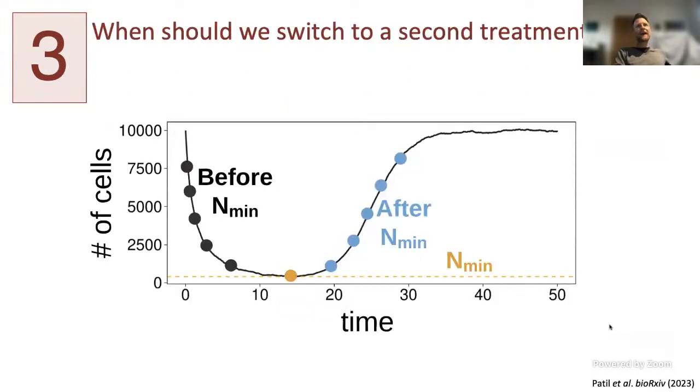So the question here is, how should we treat tumors given existing drugs or existing therapies in general? The general approach followed in the clinic is that the tumor is treated. If the treatment is effective initially, then the tumor decreases in size, as shown by this black line going down with these black points.